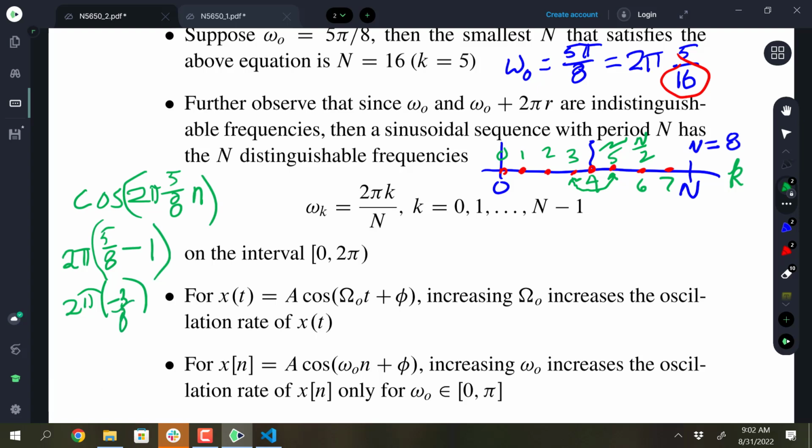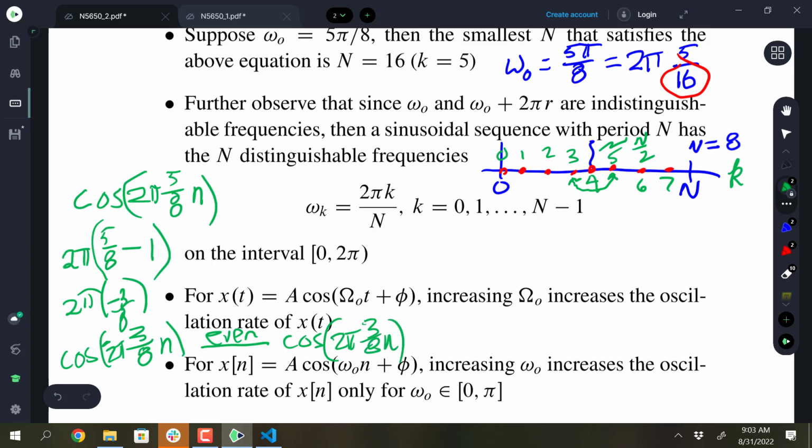But then if I carry this forward, I'd be talking about cosine of 2 pi having a minus sign in there, but then because cosine is even, cosine 2 pi 3 over 8 times n.